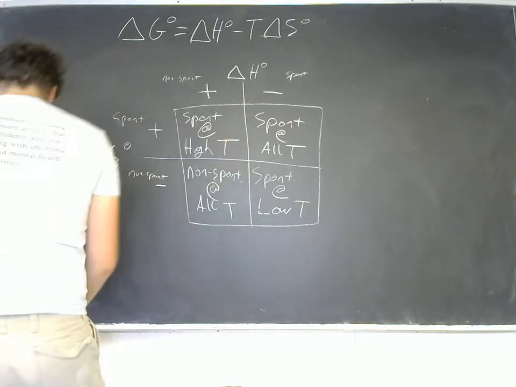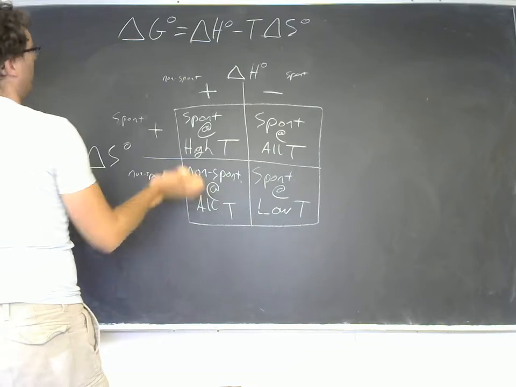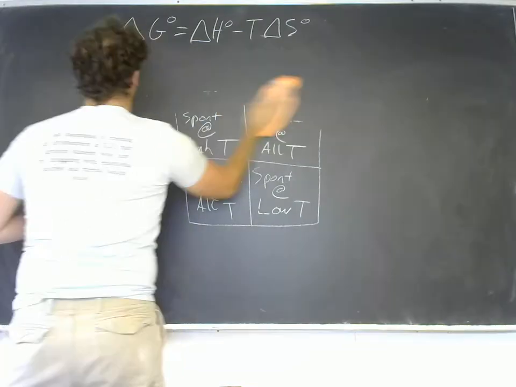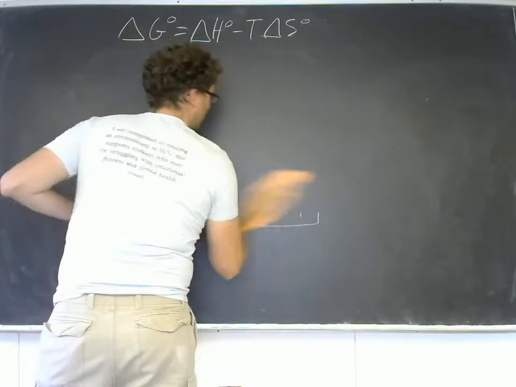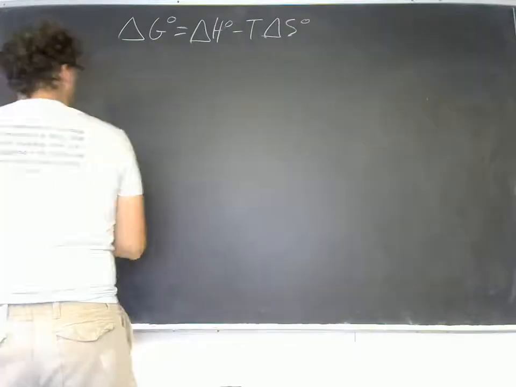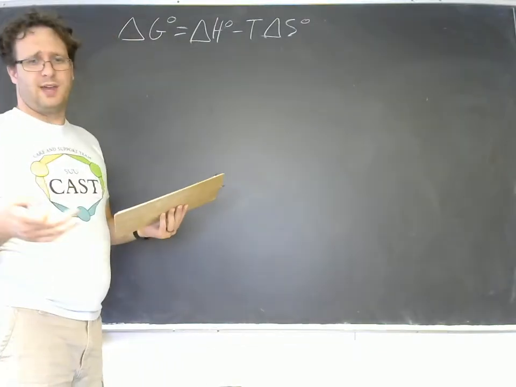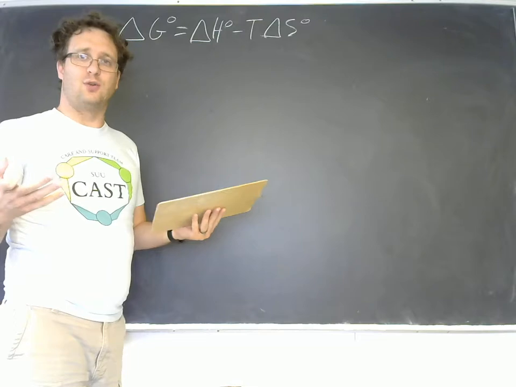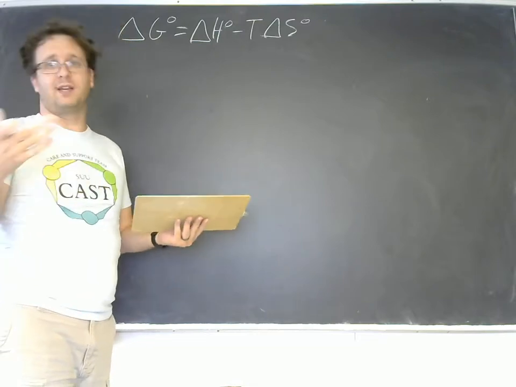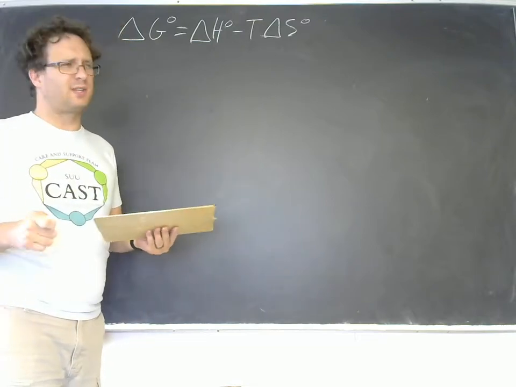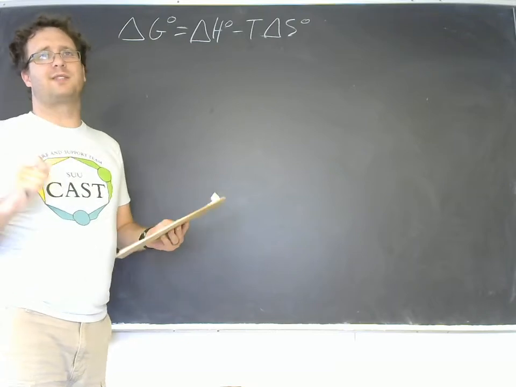Well, what about when delta G is equal to 0? When delta G is equal to 0, that's when you're right at the threshold between spontaneous and non-spontaneous. That's when the system is perfectly poised at equilibrium.